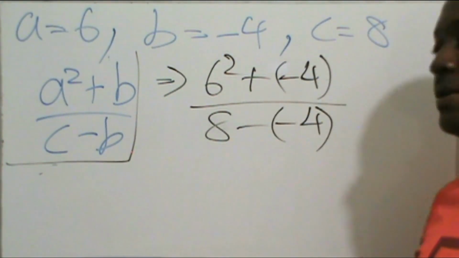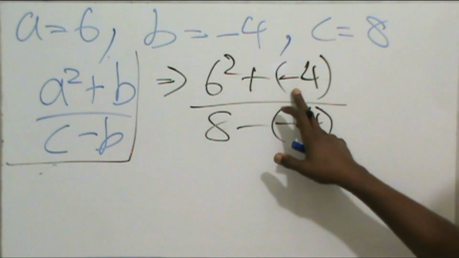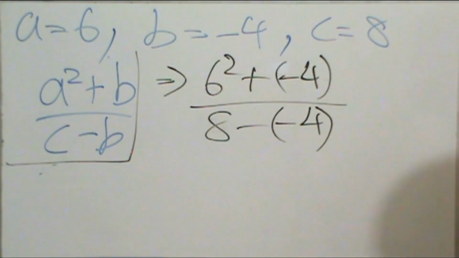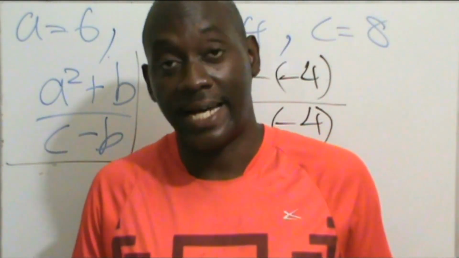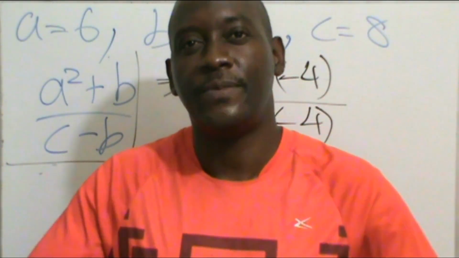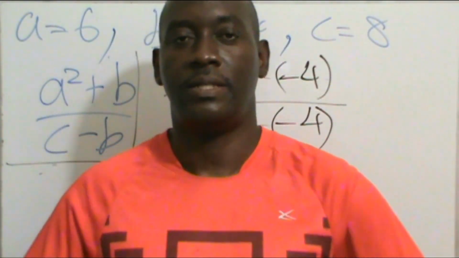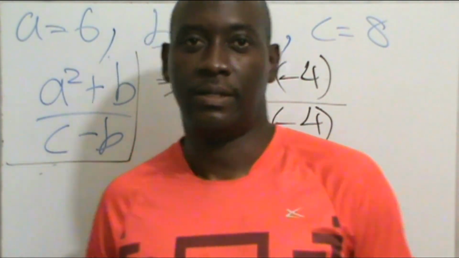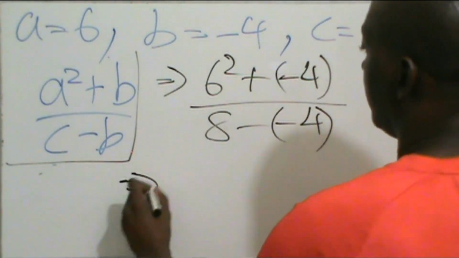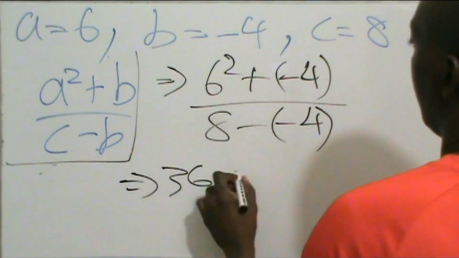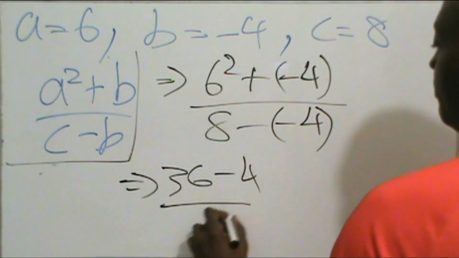Now we could start to calculate. And note you have a plus interacting with a minus sign here, and you have a minus interacting with a minus sign here. Alright? So at that stage of the question, the main thing that they're testing is your ability to interact plus and minus. Alright? So 6 squared is equal to 36. Plus minus 4 is minus 4. 8 minus minus 4 is 8 plus 4.